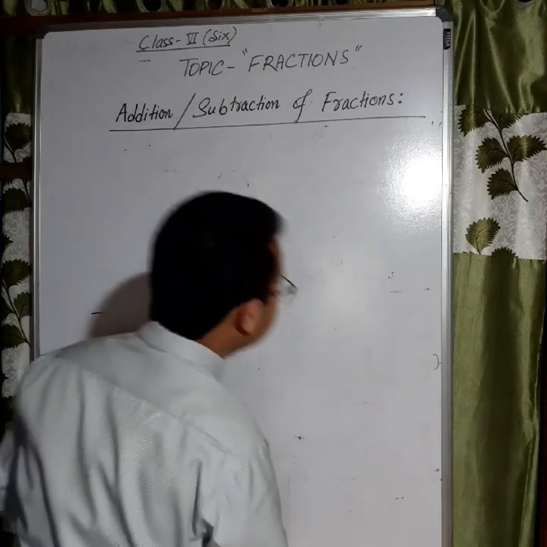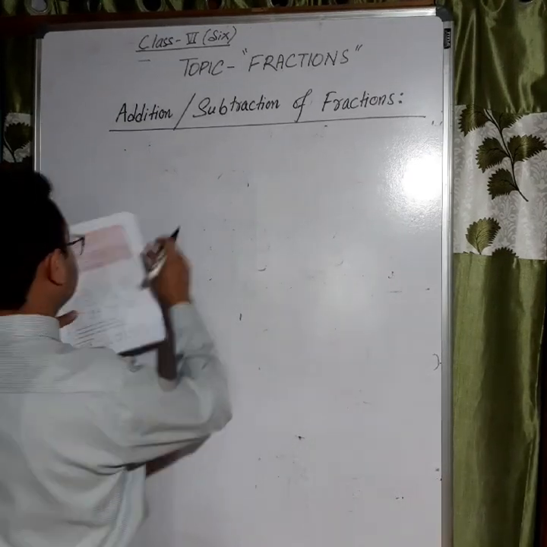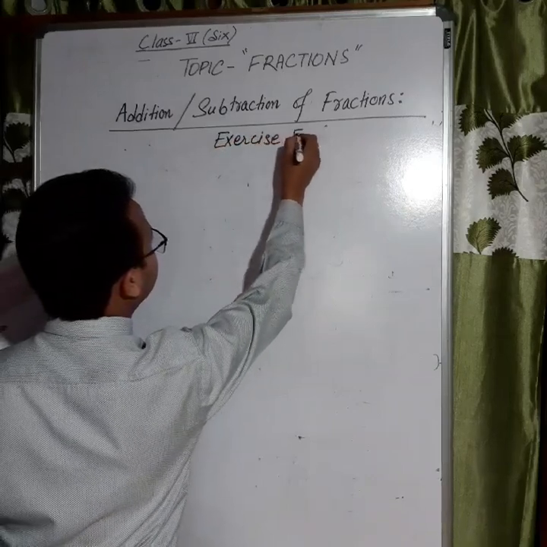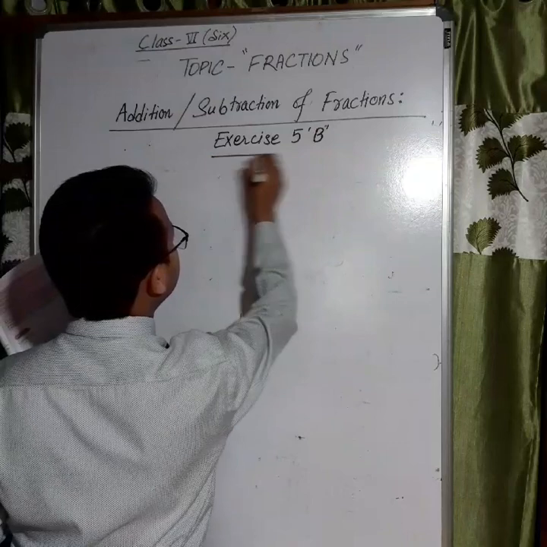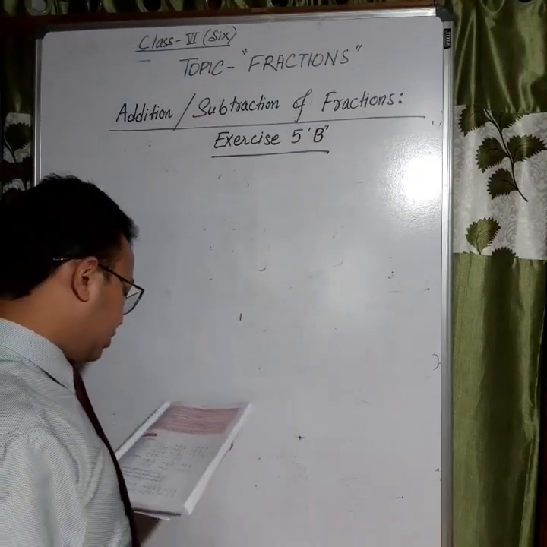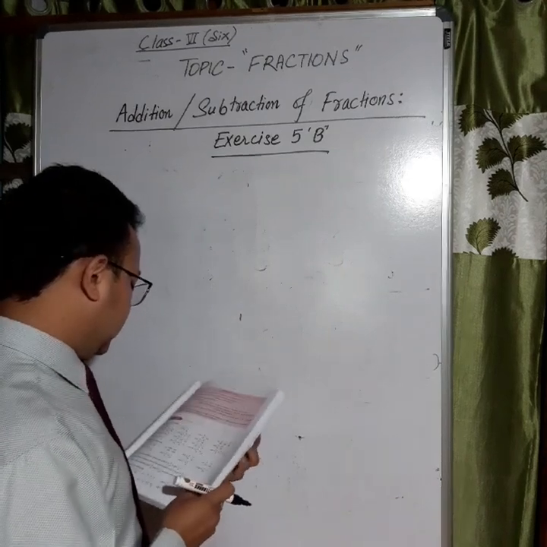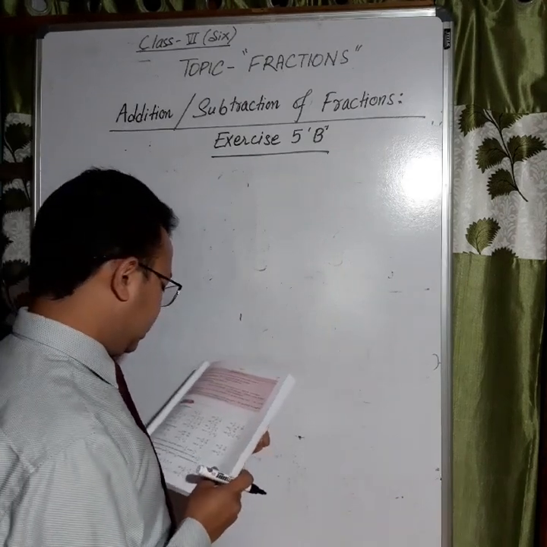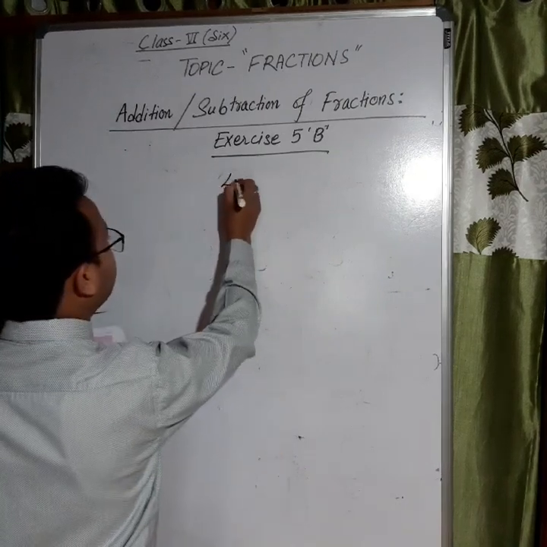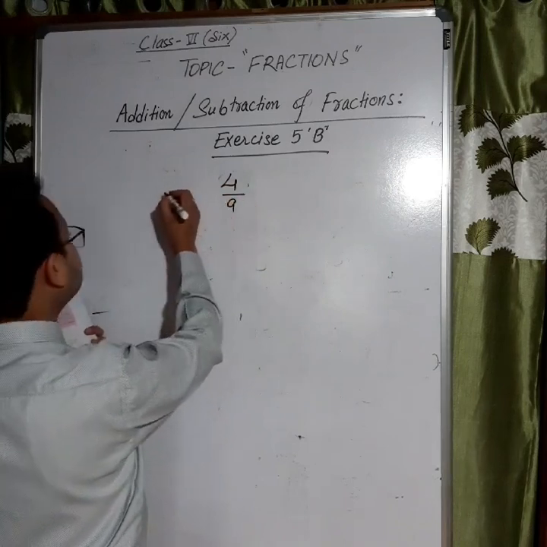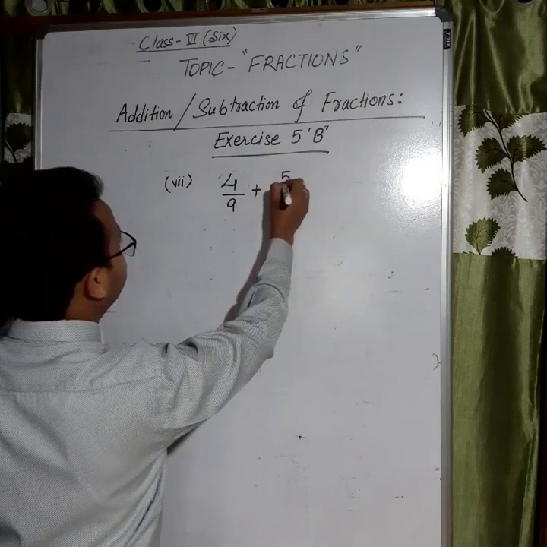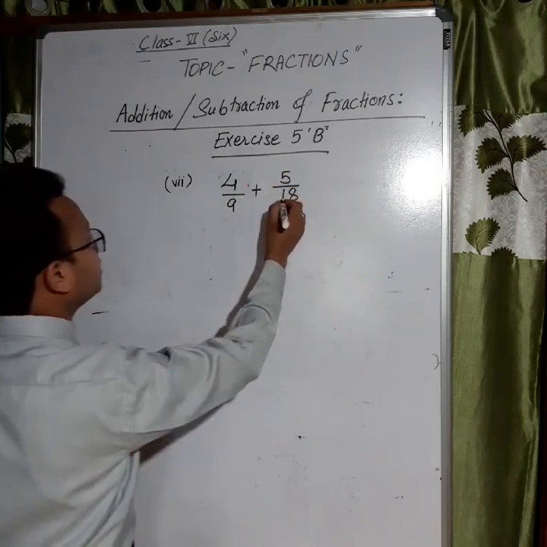Let's see from the book itself. That is exercise 5B. So we come across a situation where the denominators are different, just like question number 7: 4 by 9 plus 5 by 18.